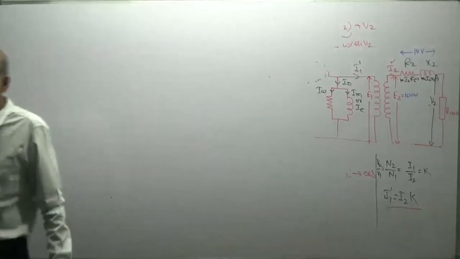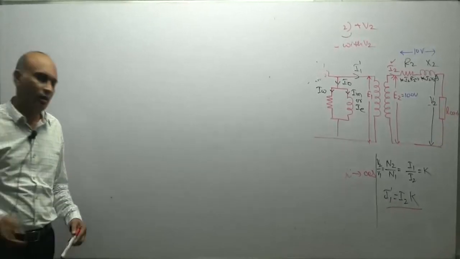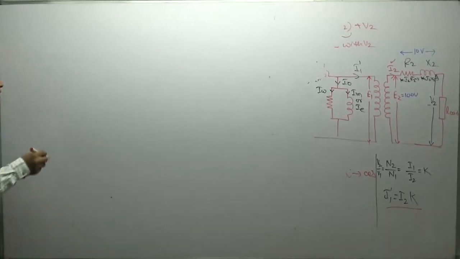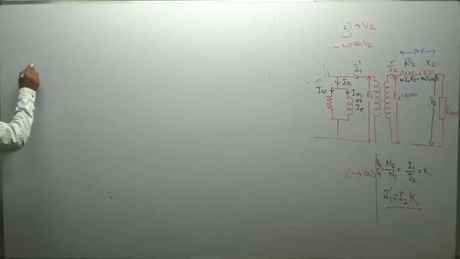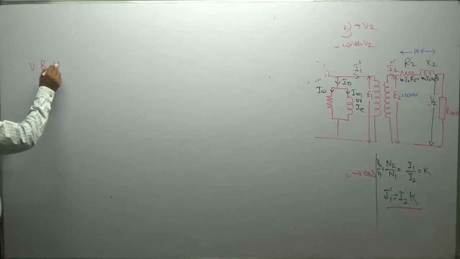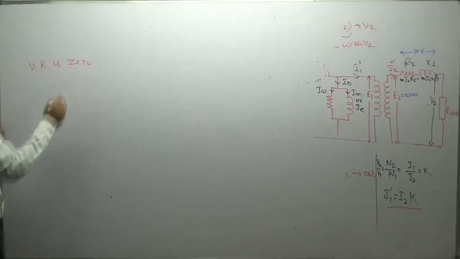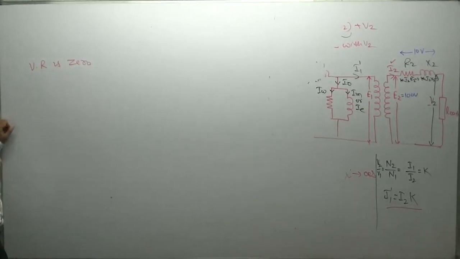In the GATE exam, it is asked: is it possible that voltage regulation of the transformer is zero? Voltage regulation is zero of a transformer. In what condition is it possible?